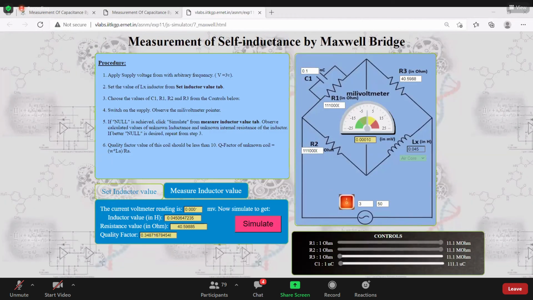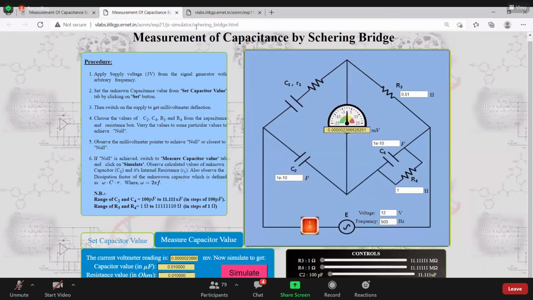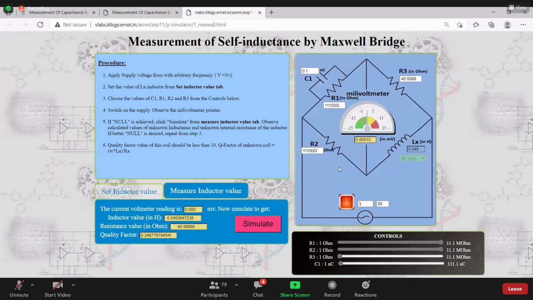So we have the Maxwell bridge. The Maxwell bridge basically consists of 4 arms with 4 impedances because we have an AC voltage input. So basically, if the impedances are balanced, which means that they're equal, the voltmeter should have no reading, which is 0.